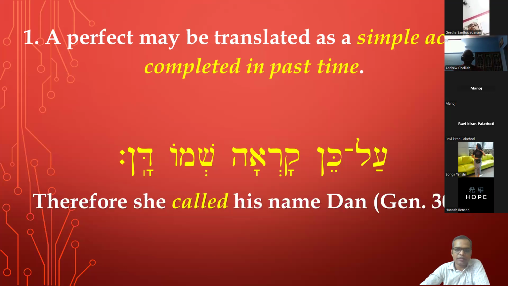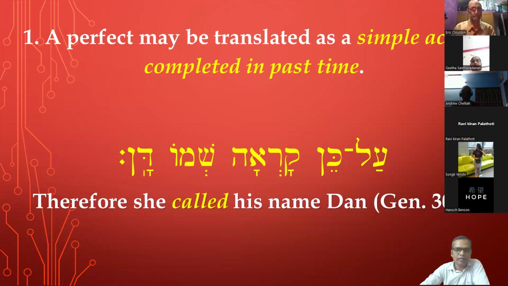When I ask you to parse or analyze this verb, you should say Qal perfect third feminine singular from the root word qara, meaning he called. And here it is translated as she called because this is third feminine singular. So therefore she called his name. Shemo is what?